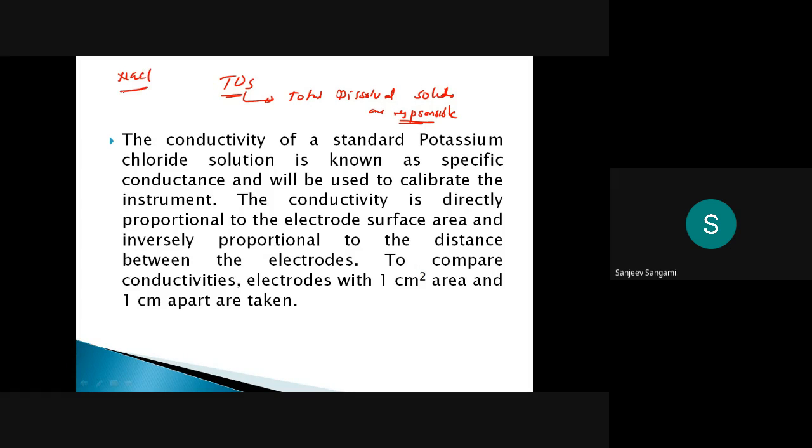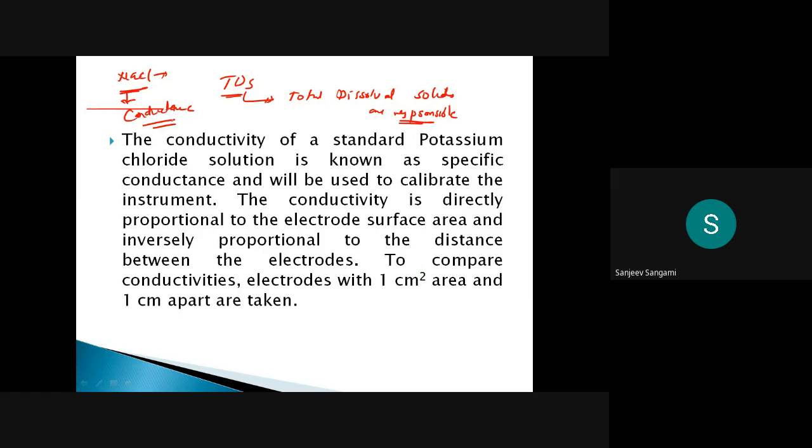If you take salt and dissolve it, salt is a dissolved solid. If you dissolve it in water, definitely the conductance of water is going to increase. Overall, you can remember that if more ions are there in water, it means more conductance.